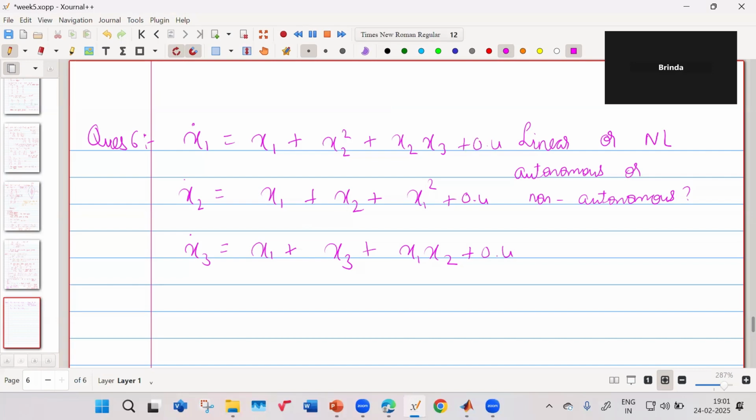Now we have to decompose this system into a linear part and a non-linear part. So it has three states, where x is equal to x1, x2, x3, right? So let me write it down.